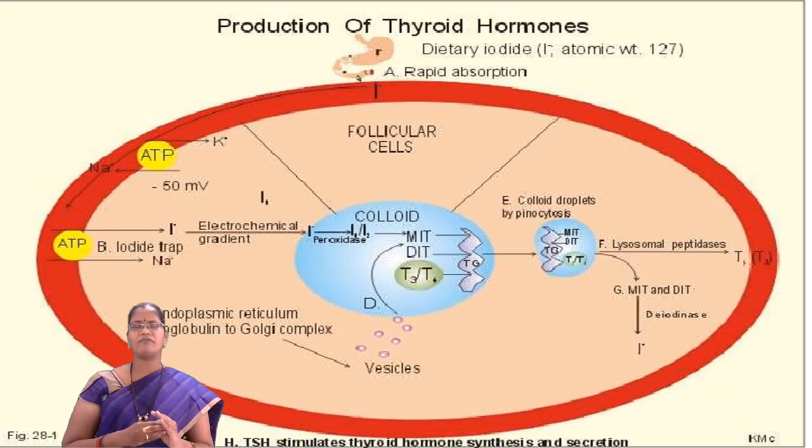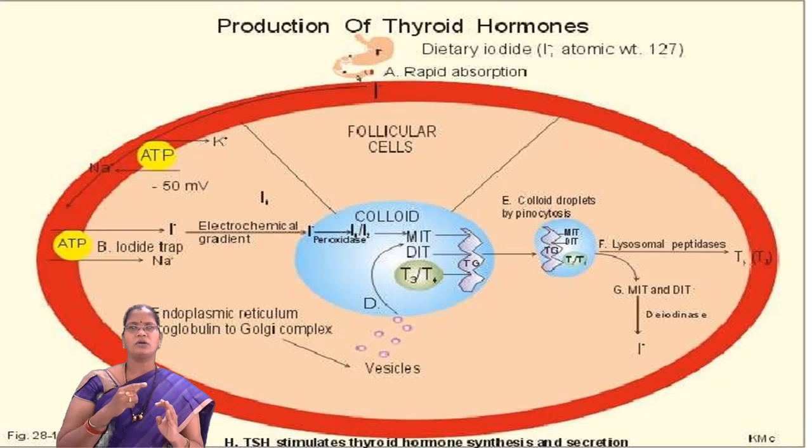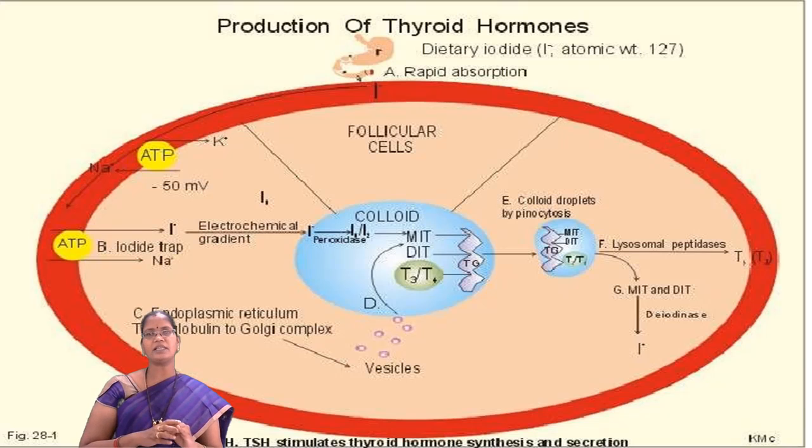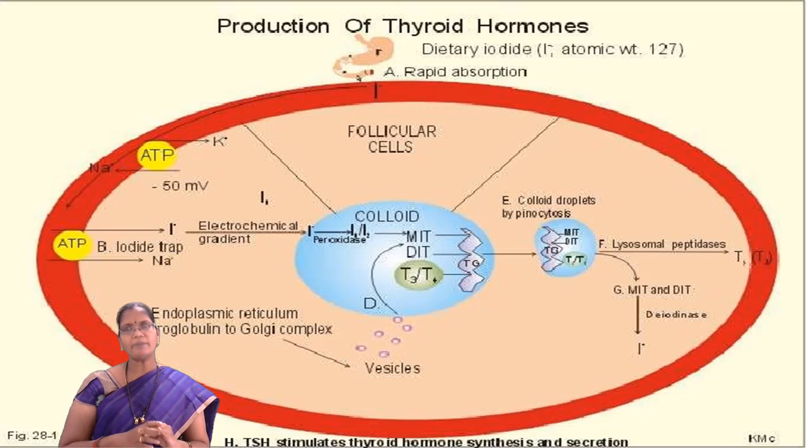Before that, one DIT and one MIT will couple together and form T4, and one DIT and one MIT will couple together and form T3. That means along with MIT and DIT, T3 and T4, which are our thyroid hormones, are associated with the thyroglobulin protein.